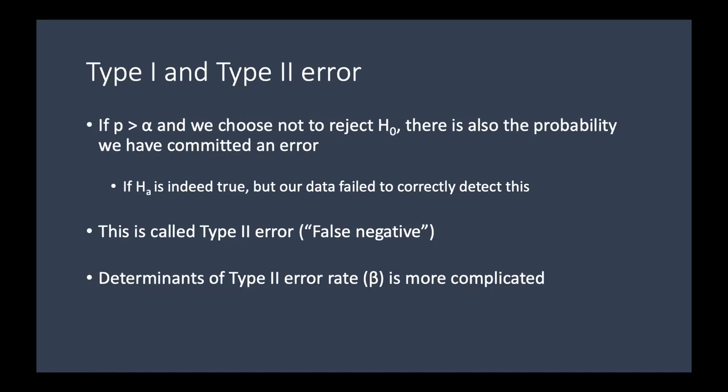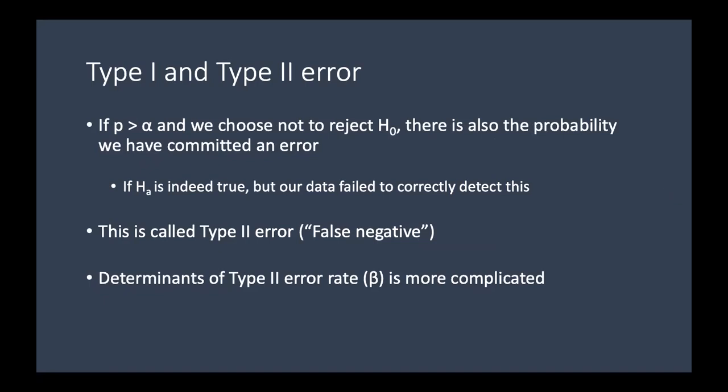Type 2 error is also called false negative, which means that there is a difference, but our results have failed to correctly detect the difference by having the p larger than alpha. The type 2 error rate is beta, and we have already seen that in the previous slides.